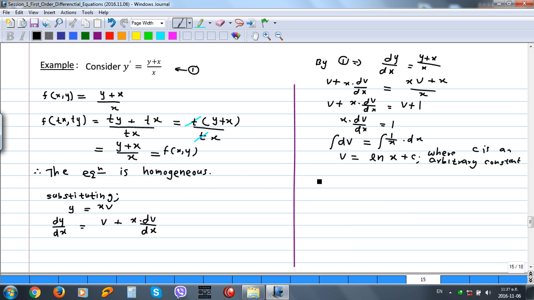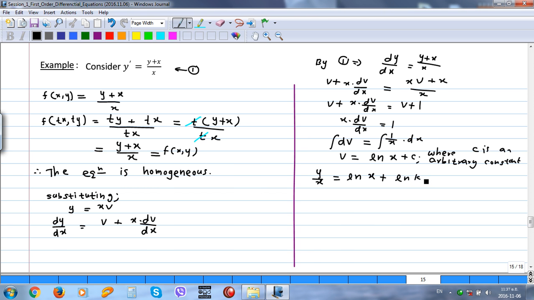Instead of v we write y/x = ln x + ln k, where I substitute c = ln k.